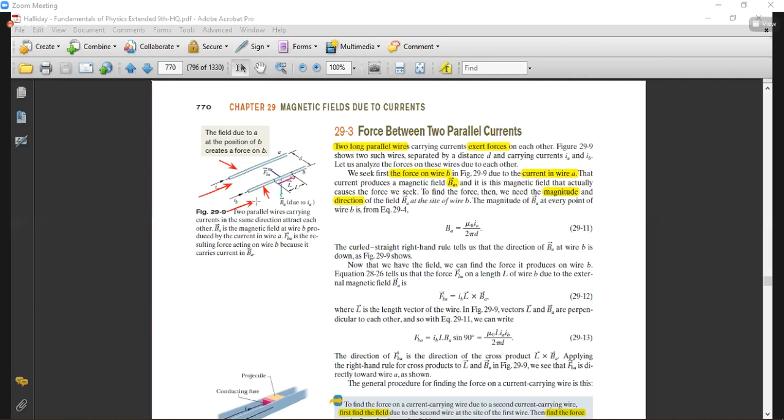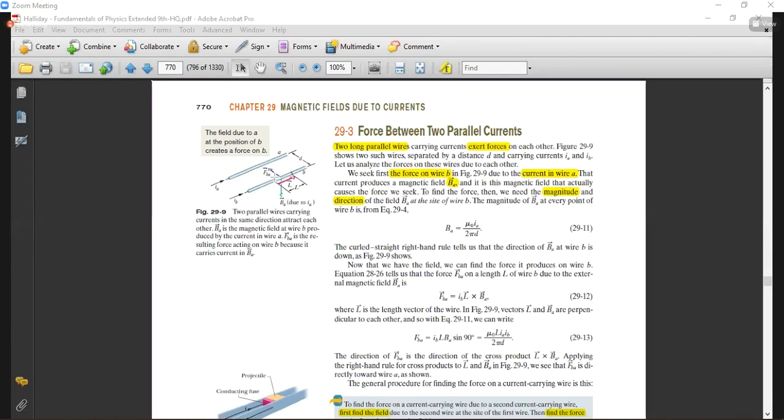So first of all, before calculating or deriving the relation for the magnitude of the magnetic field, we want to see what would be the direction of the magnetic field on the wire B due to the wire A. And then we will calculate the force due to the magnetic field of the wire A on the wire B, and then the direction of the force.